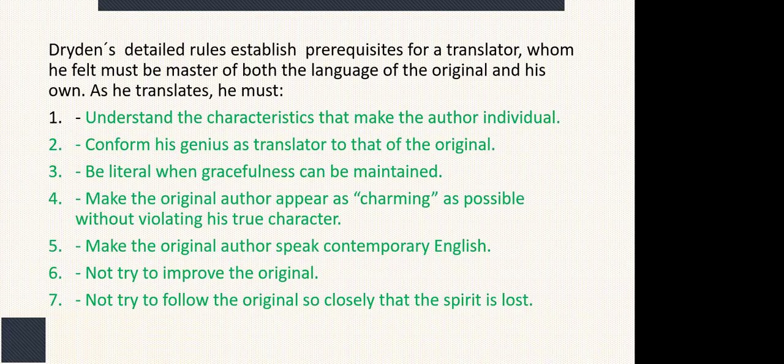That's part of the mission of a translator, is that communicating meaning is also modernizing, updating. Try not to improve the original, so there must be a balance. You may modernize, but you don't have to alter the content. Try not to follow the original so closely that the spirit is lost, right? So this is an important thing to bear in mind.